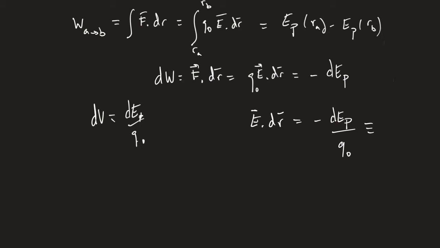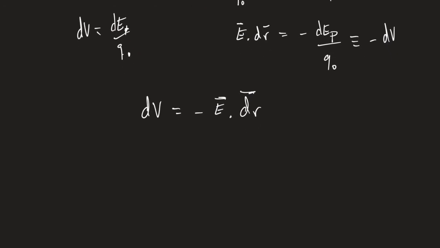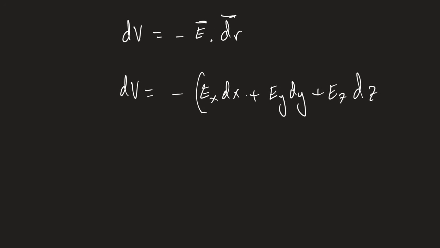And this is minus dV. So as a conclusion, we define the change in potential equal minus E scalar dr. Or if you want, the change in potential equal minus Ex dx plus Ey dy plus Ez dz.